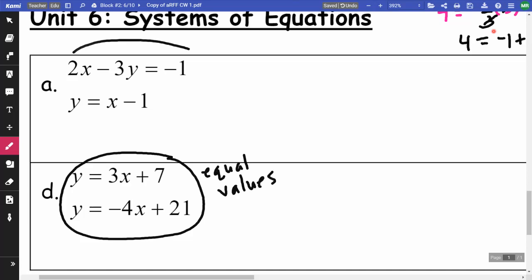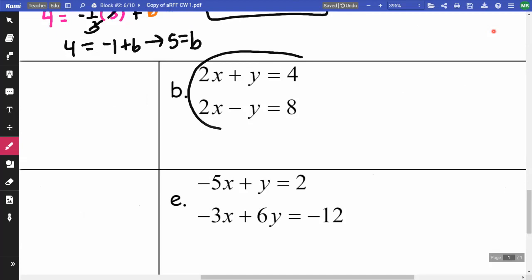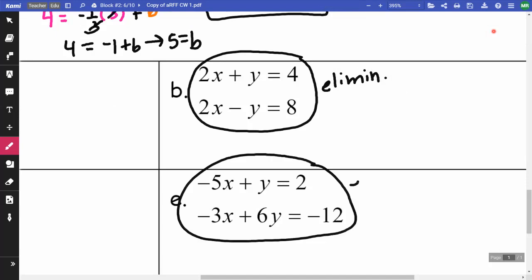I would do substitution on this one here. I'll just put sub. Elimination. I would use elimination here. And this is a nice one for elimination. I'll just put elim. And this one I do elimination, but I have to do a little more effort on this. Okay, so those are the methods I'm going to use.